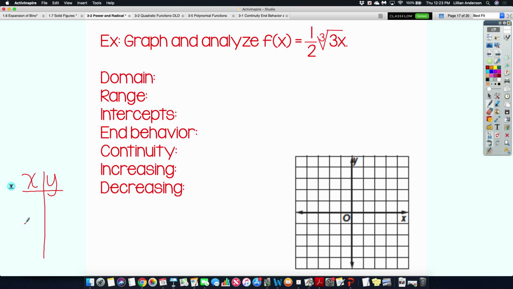You can take the cube root of negative numbers. The only problem is that, unless you know your perfect cubes, you're not going to get too many points out of this, okay?